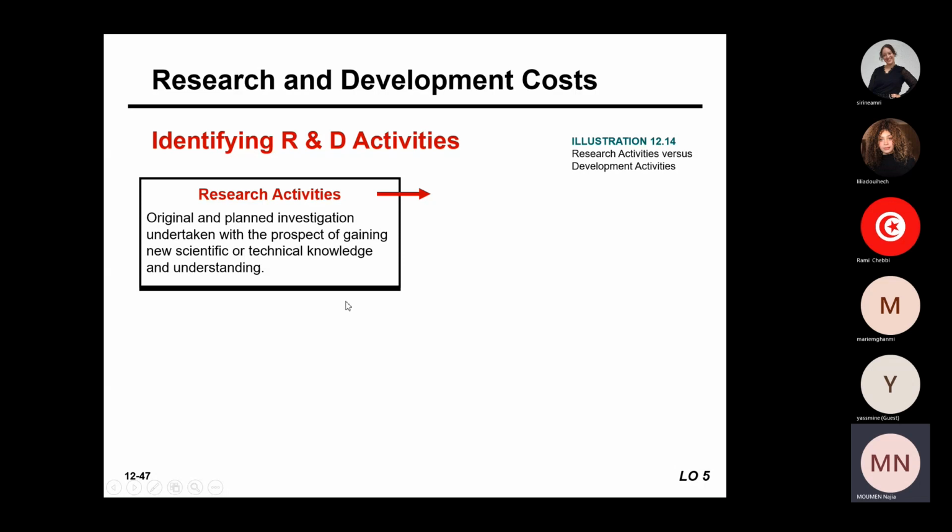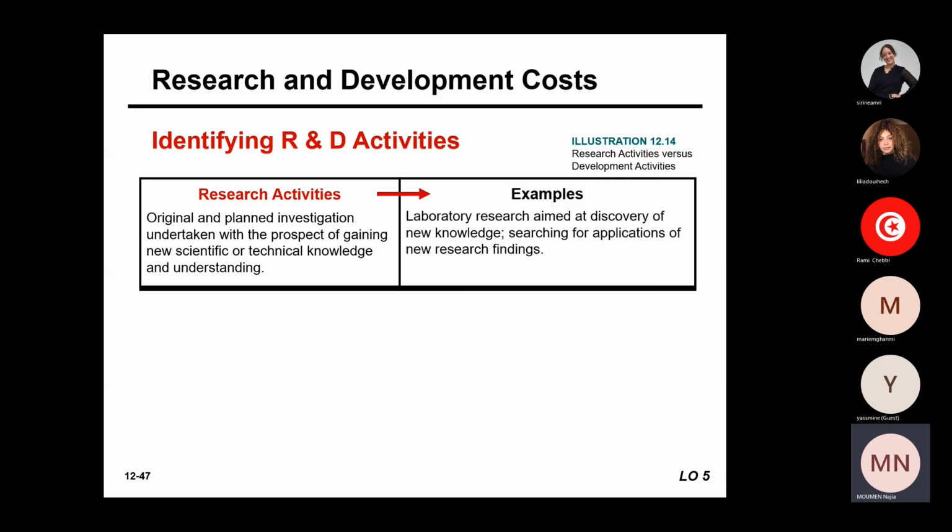Okay. So how to identify whether it is research or development activities. When we say research activities, what are they? Original and planned investigation undertaken with the prospect of gaining new scientific or technical knowledge and understanding. So here we have examples. You can start an initial investigation, start elaborating original plans, make prospection, collect information.